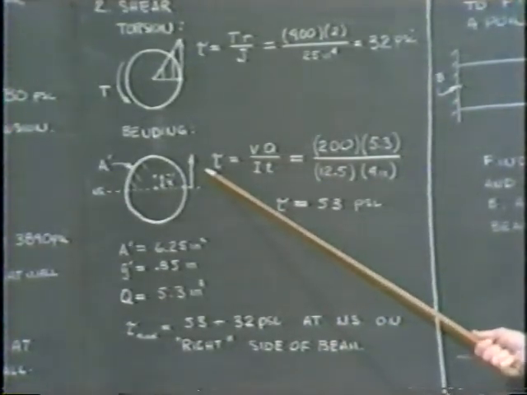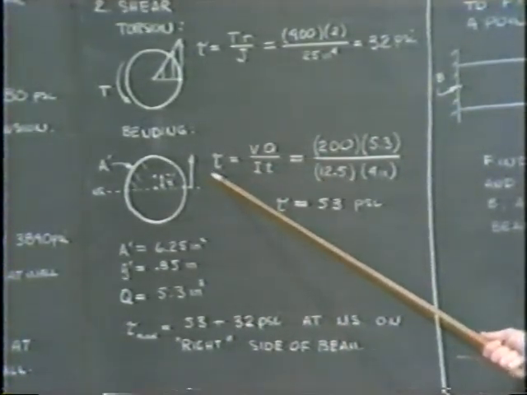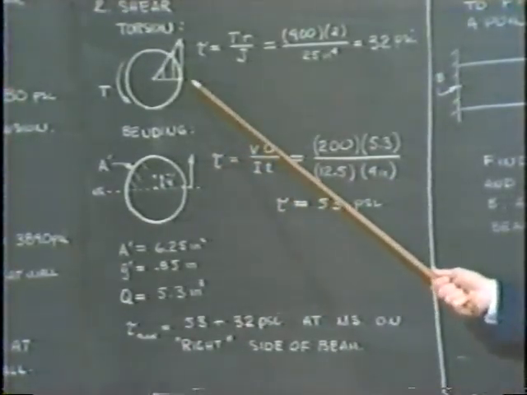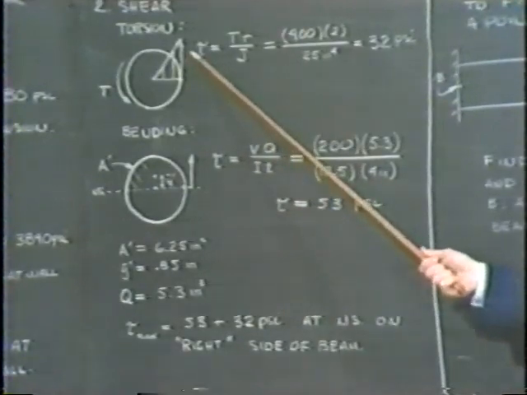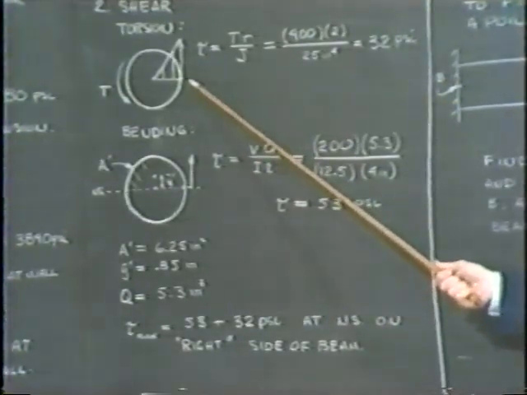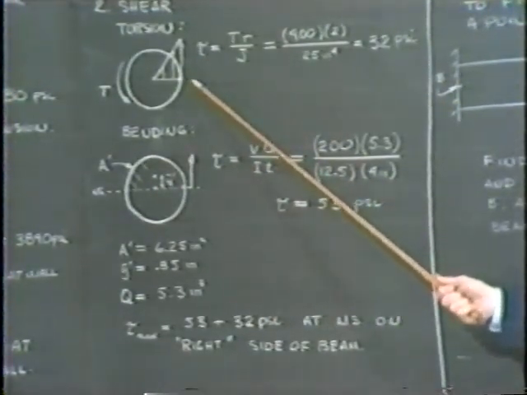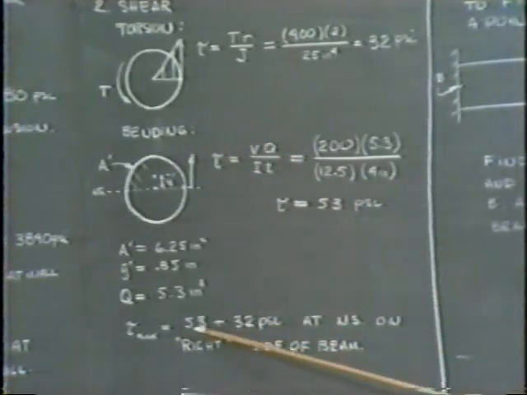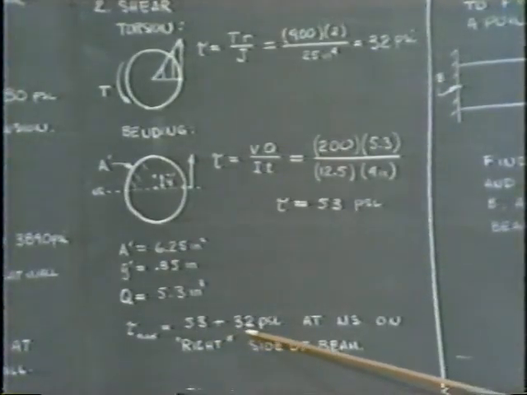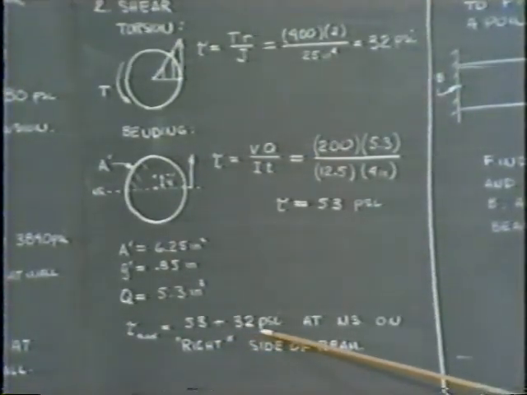Therefore, if I want to combine the two shear stresses due to bending and due to torsion, since both go in an upward direction at the same point in the beam, I would add these two algebraically: 53 due to the bending load plus 32 pounds per square inch due to the torsional load.